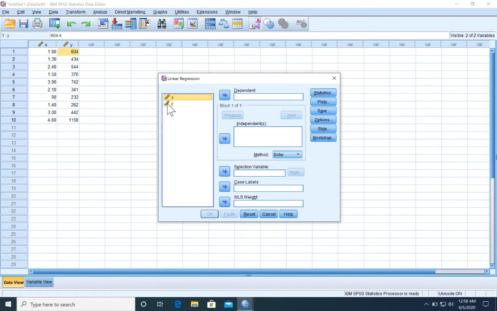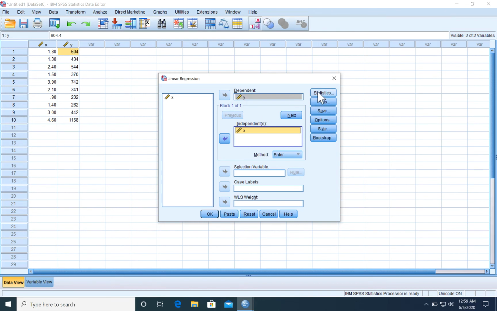The dependent variable is Y, the carbon dioxide emissions in millions. X, the GDP in trillions, goes here. Generally speaking, this is pretty much all that we need.